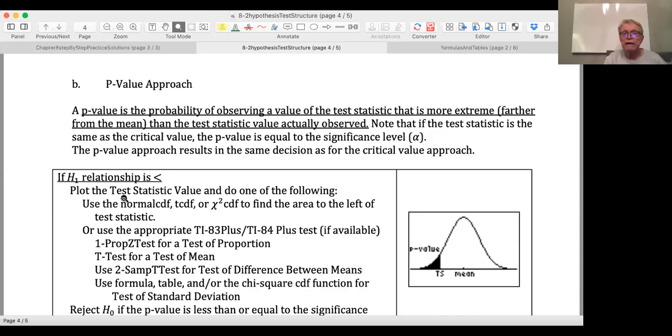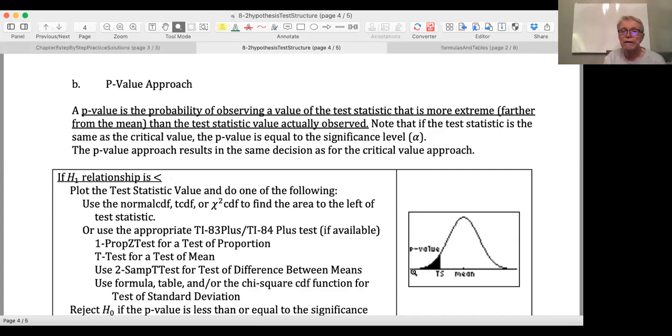If the relationship in H1 is less than, we're going to plot the test statistic, and because it's less than, we would anticipate that the test statistic is less than the mean.